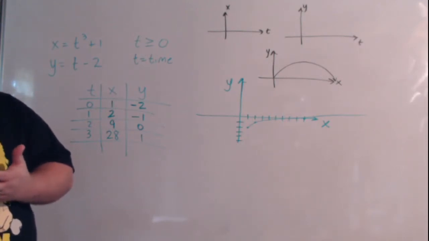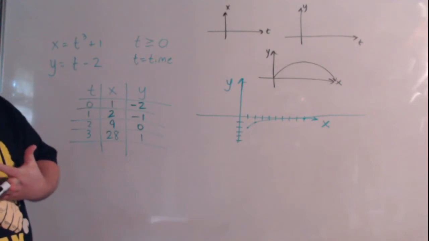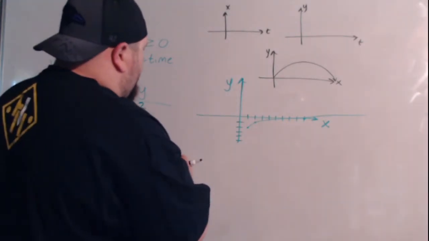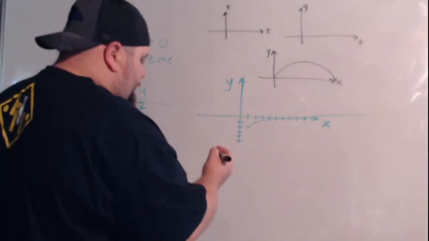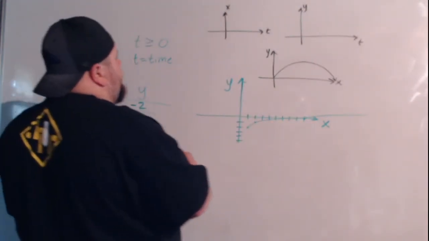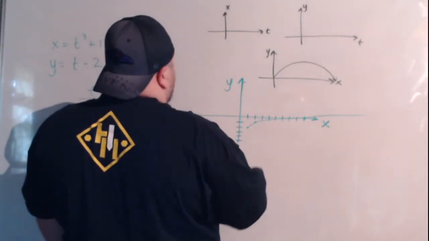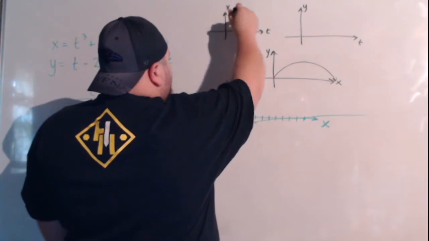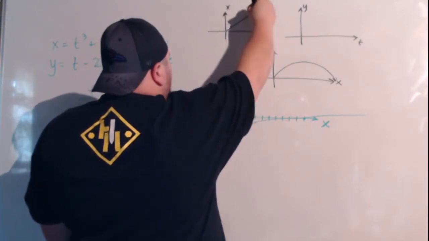which means the position graph would look like some kind of line, right? So as time goes on, the position in x doesn't stay the same, it's got to grow.